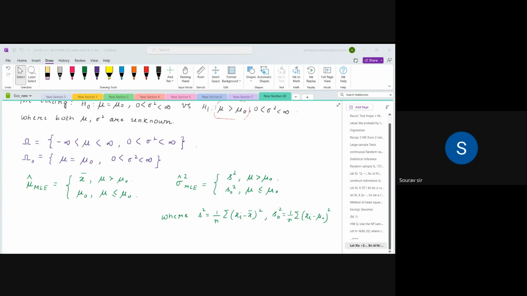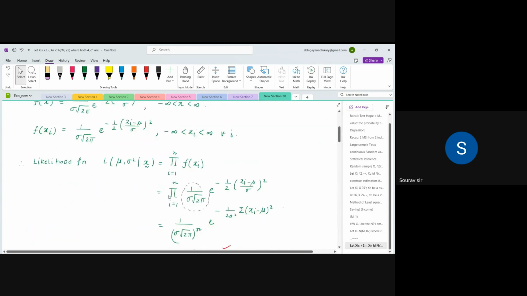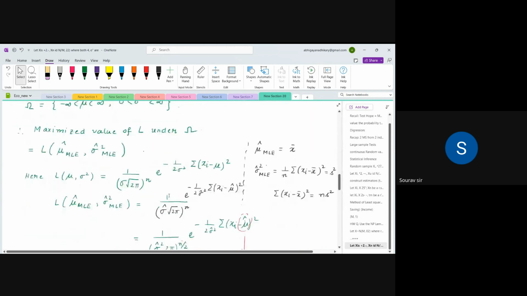Any questions? Sir, can you please explain the inequalities once again? I couldn't understand how we are varying mu for two different values. Okay, Chaitanya. Come to the previous question. When you were finding the maximized value of the likelihood function under omega, the general parameter space, you did not know mu and sigma, right?